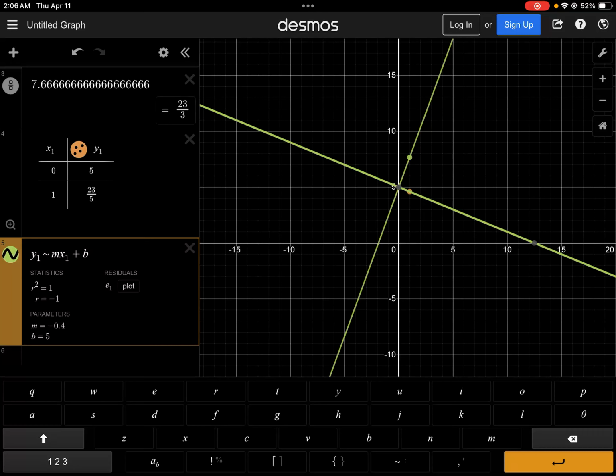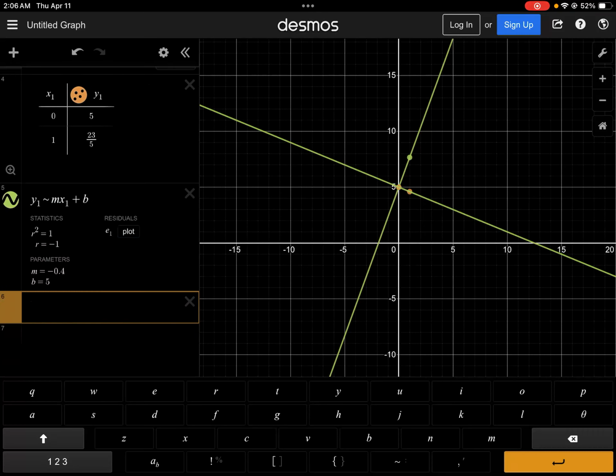Now the slope is a decimal, so you're gonna convert this decimal to a fraction. Let's do negative 0.4. What would happen if I write it as .4? It's still gonna work. But this is not the proper way of writing math. So you should always put the 0 in 0.4, and that is the slope.